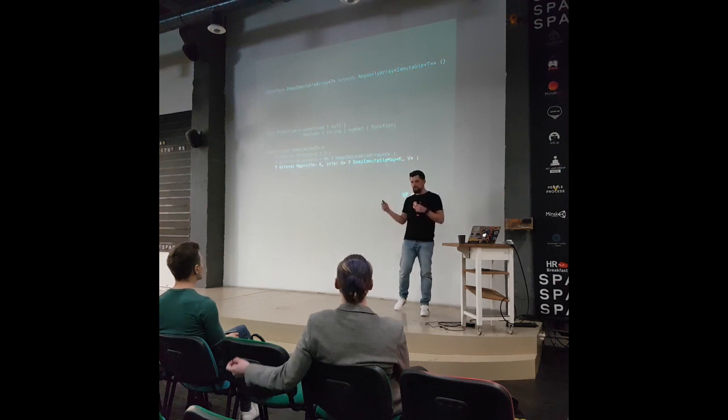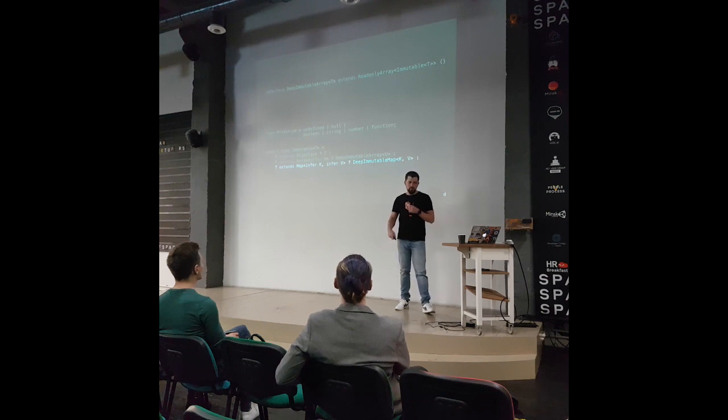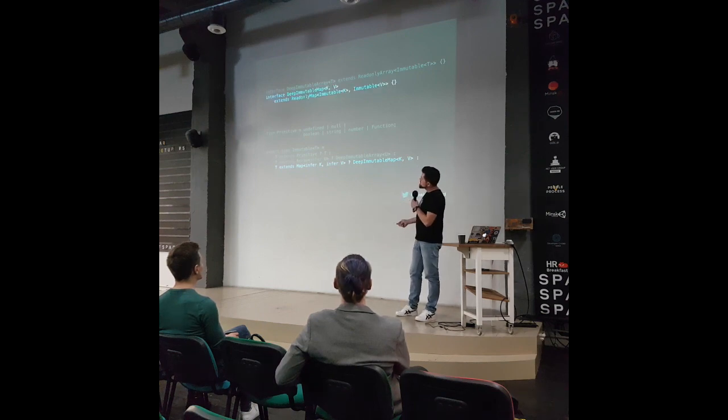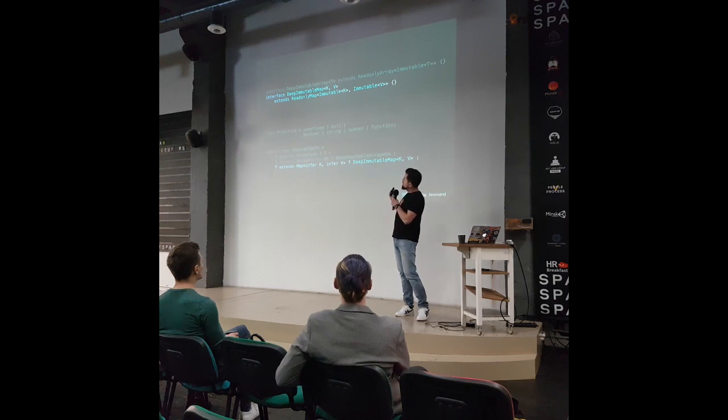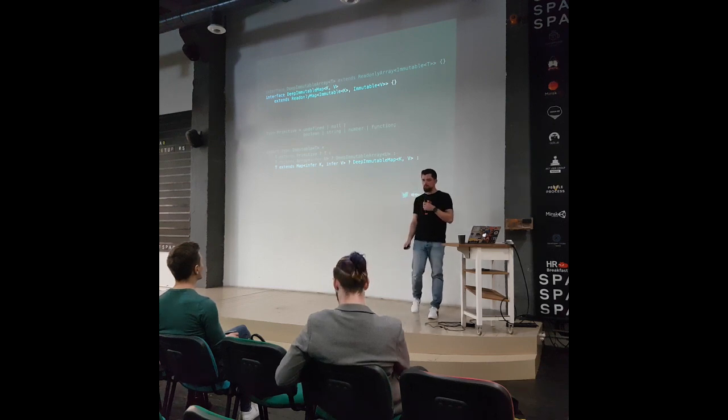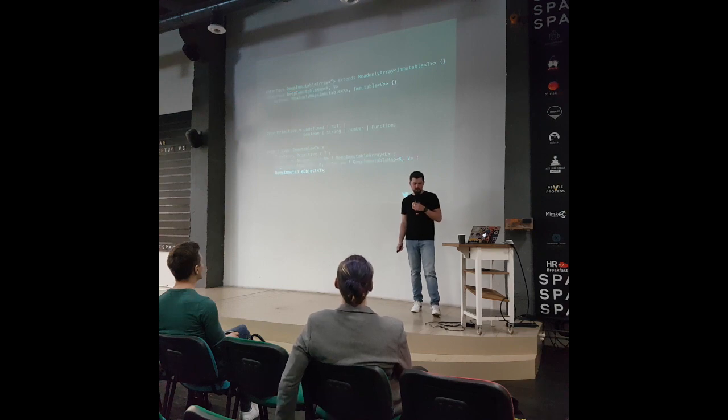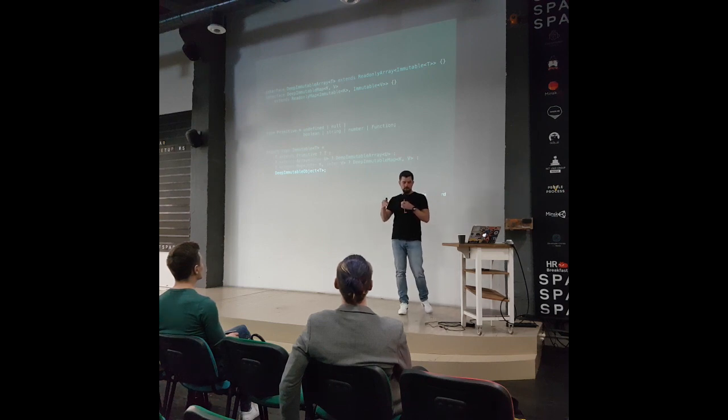If it's a map, we need to infer the key and the value type, and put it into a deep immutable map, which looks the same. We extend from the read-only map and type the key and the value both immutable. But the most interesting part is, what if it's an object, right? Because sometimes you have very complex, very big objects, and you want to absolutely make sure that this object will stay as it is.